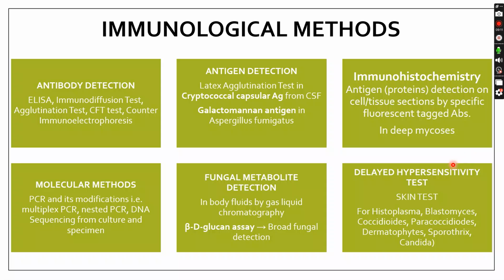These include antibody detection, with these tests, then antigen detection. These are the different tests specific to the different fungi. Then immunohistochemistry, molecular methods, and fungal metabolite detection, like by gas liquid chromatography, in which we detect the metabolite. Then the delayed hypersensitivity test, that is the skin test.